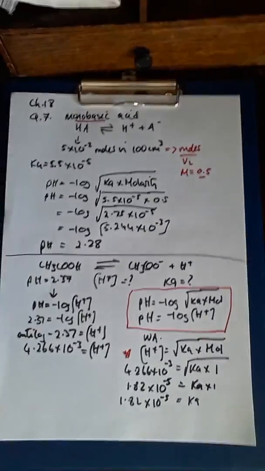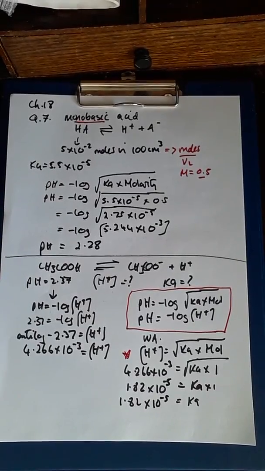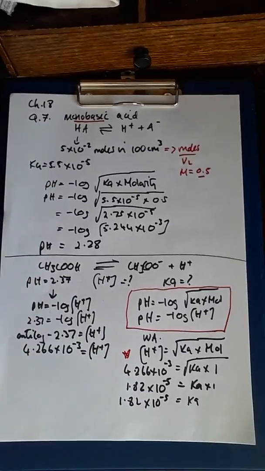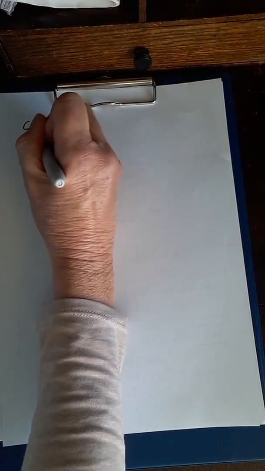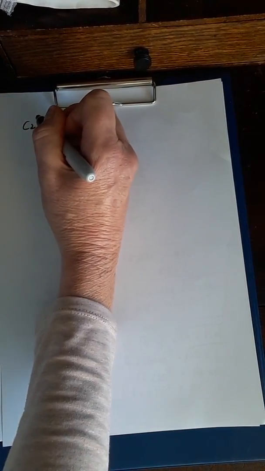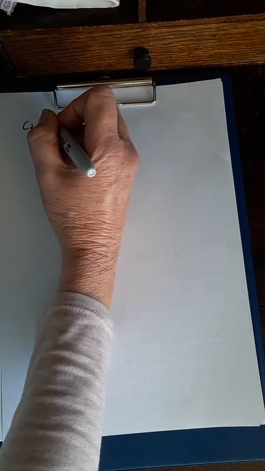Now the other one I want to have a look at with you is question 11. Again, that exercise. Question 11 says you've got urea, C2H5NH2, which acts as a base by accepting a proton.